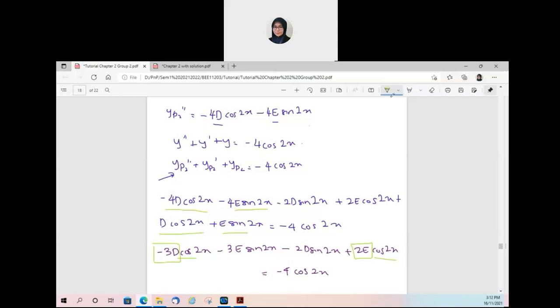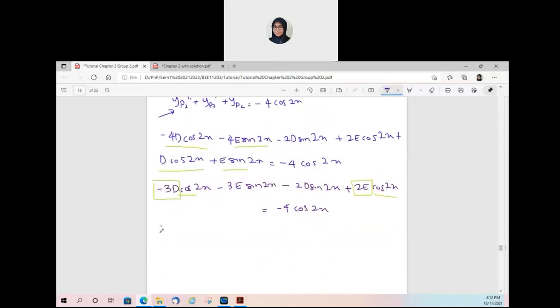So we have here 2E minus 3D cos 2x, minus with 3E plus 2D sin 2x equals to minus 4 cos 2x.